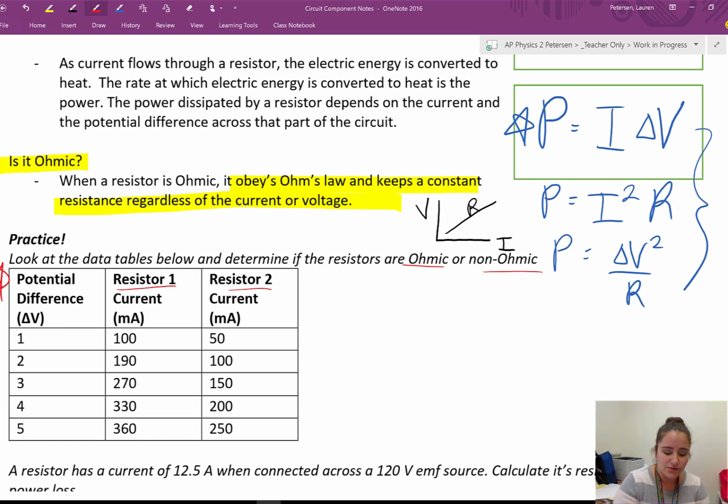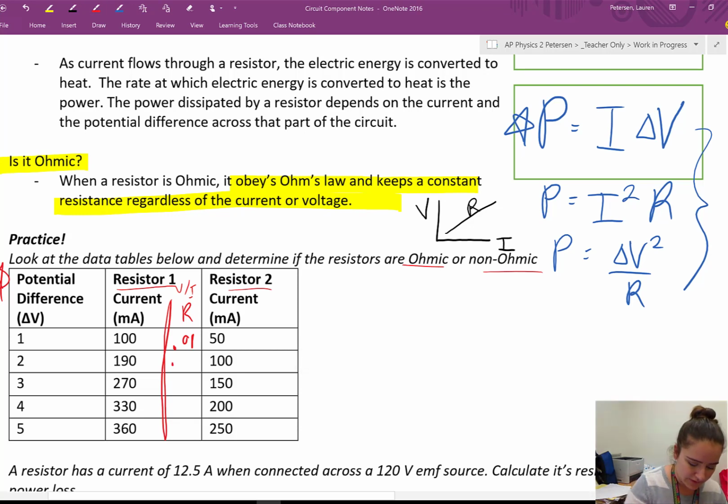There's two ways you could do this. You could have a little column here where you're actually solving for the resistance using voltage divided by current. If you did that, you would have 0.01 here, or 1 over 100. Here you would have 0.011, then 0.011, and I'm going to guess 0.012.